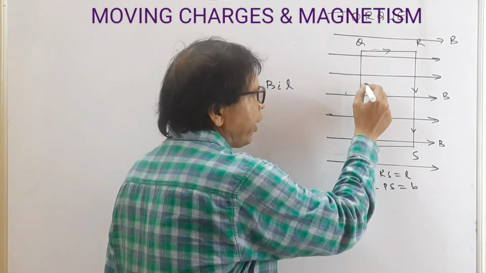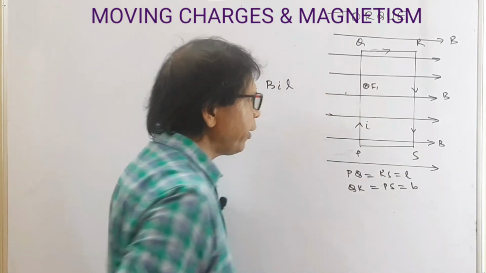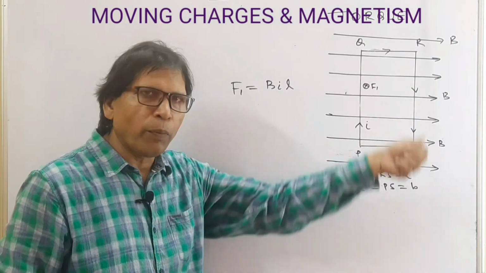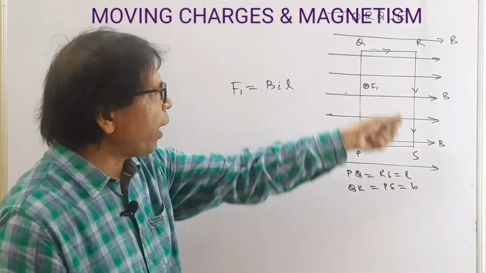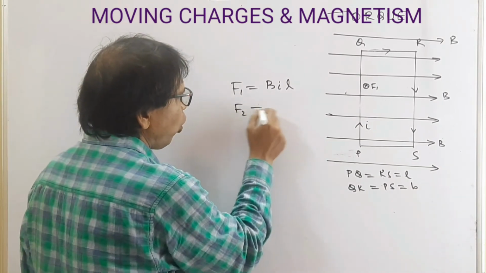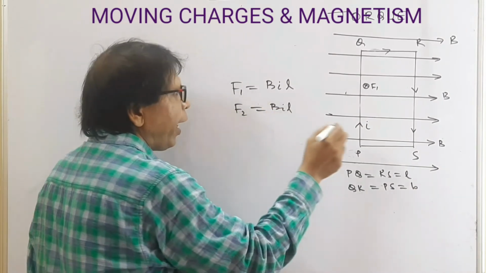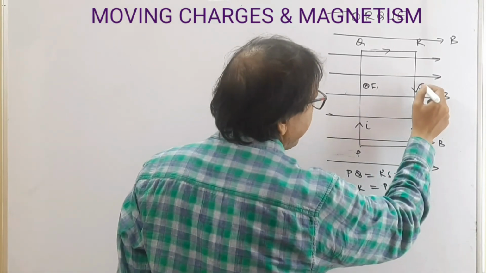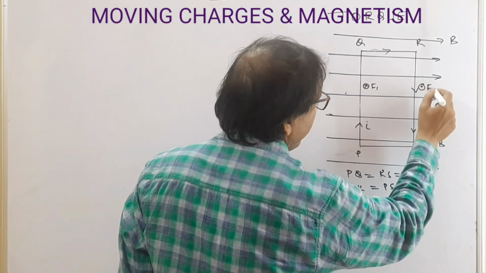So this is F1. In the same way, the force experienced by RS is F2, which is also BIL, and this is directed outwardly.